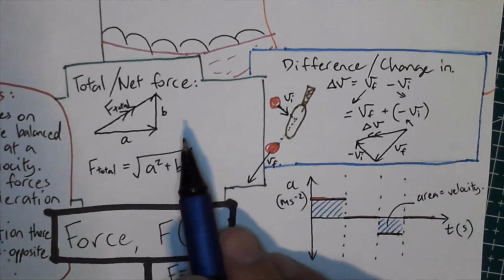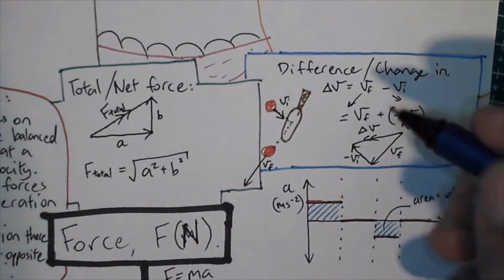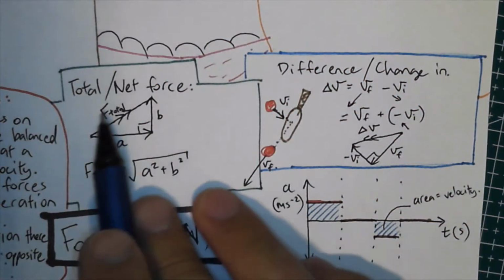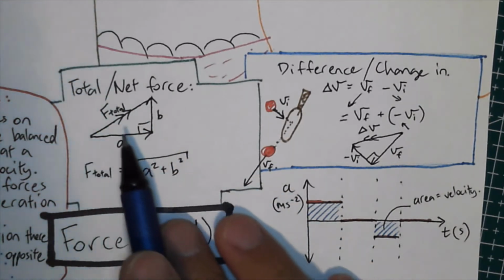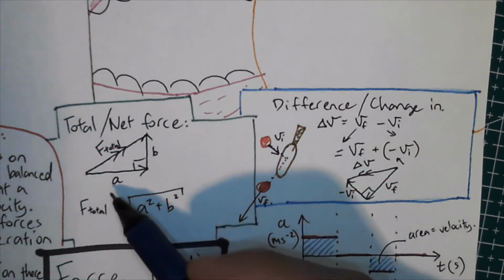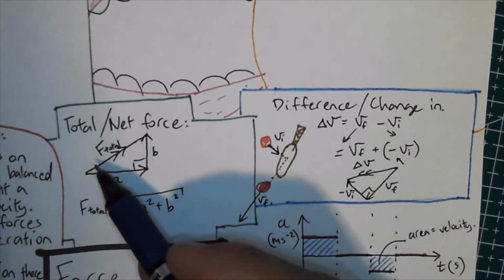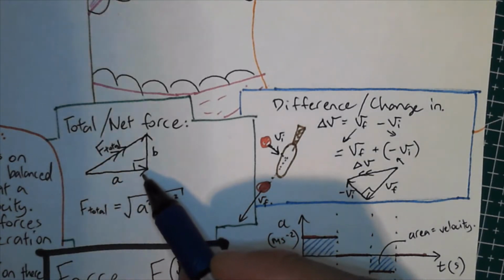In terms of level 2 and 3 physics, we're always going to be dealing with some form of right angle triangle, so that we can use either Pythagoras or trigonometry to work out the lengths of these sides. With a total vector diagram, another thing we can think about is components of, in this case, a force. But often we would look at the components of a velocity.